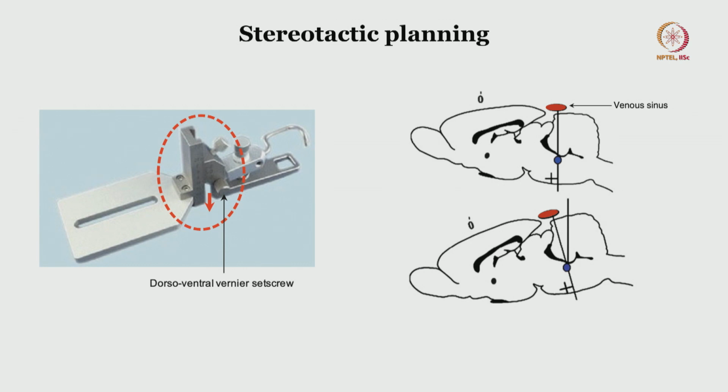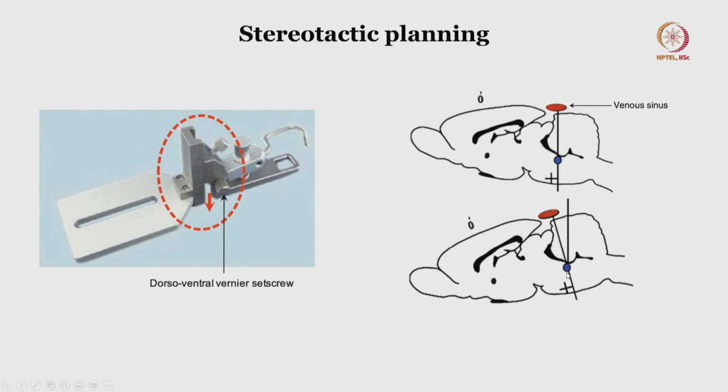Here is an example where there is a venous sinus in the path of the trajectory that you are going to use. So, obviously, you have to give the tilt down and make sure you avoid the venous sinus before you even enter.